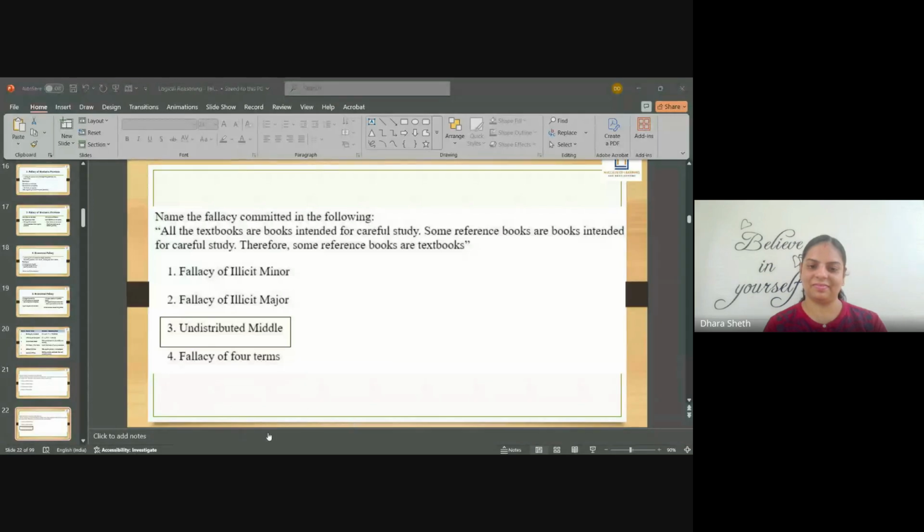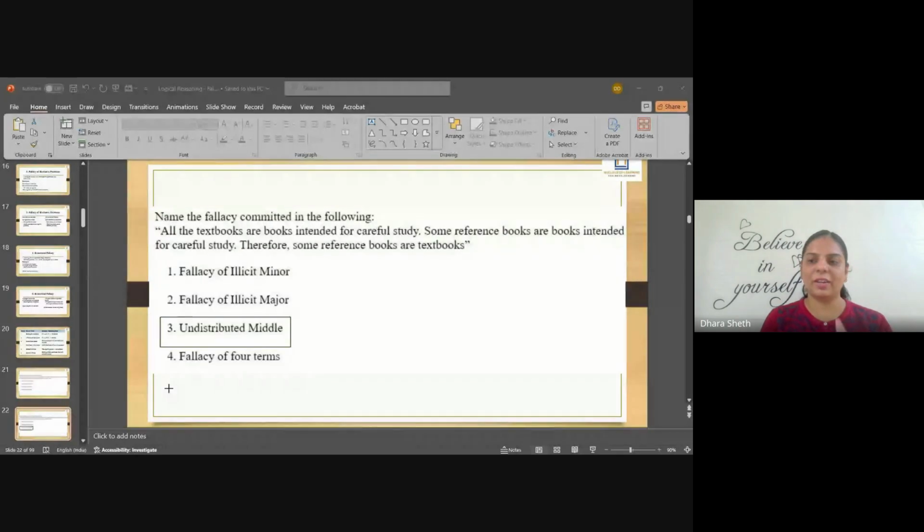Already told you that undistributed is the most favorite one. First, always check for undistributed middle term. Okay. Here, what is the middle term? Books intended for careful study. All textbooks are books intended for careful study. Textbooks is distributed.